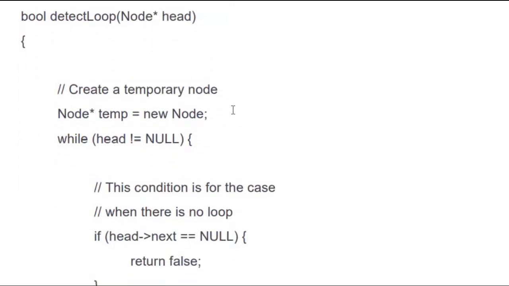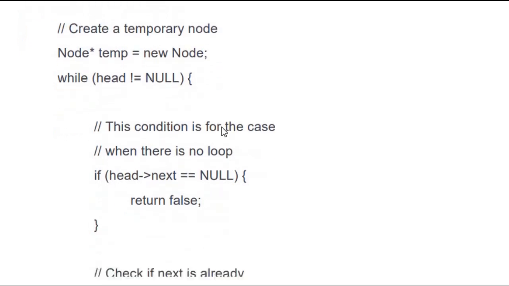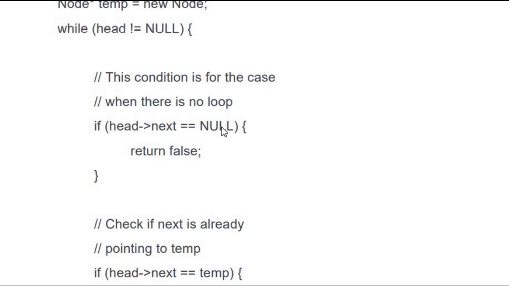This is the main function which we are going to use. Here we just created a temporary node, and until the head is pointing to null we will keep on iterating. If we find head equal to null, or if we find the pointer's next variable equal to null, then it means the linked list has no loop.